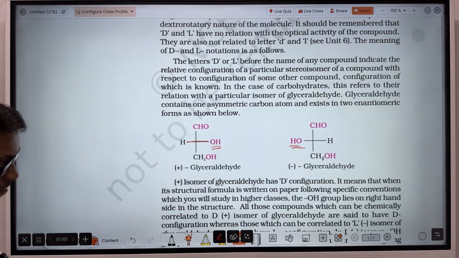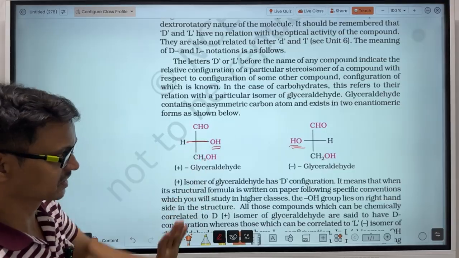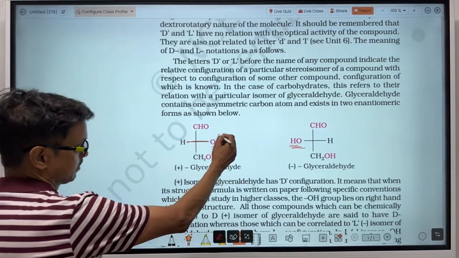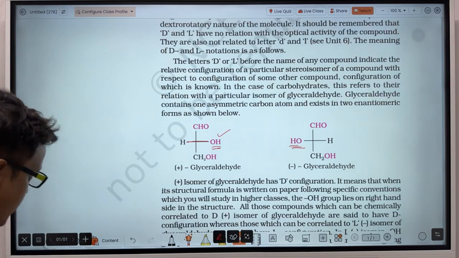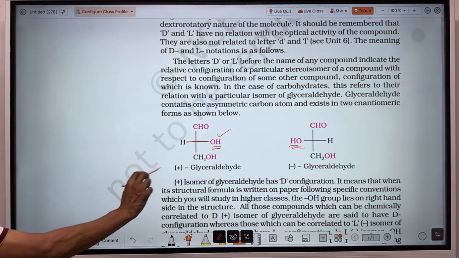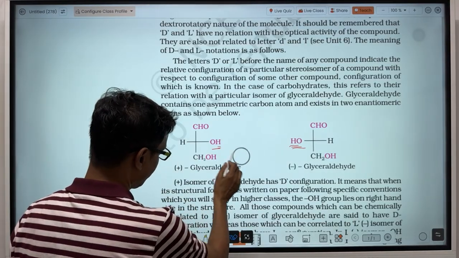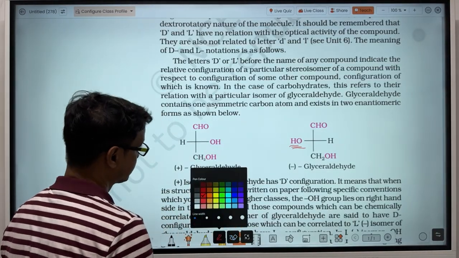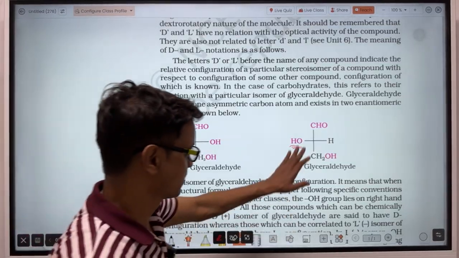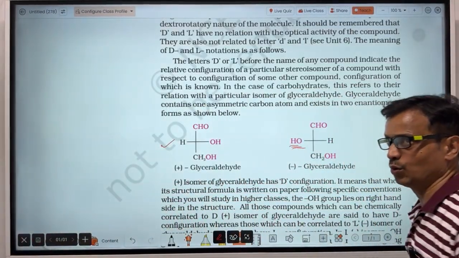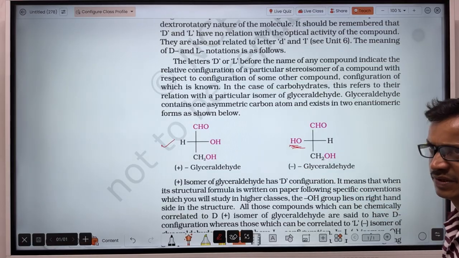The compound in which the OH is towards right is indicated by the plus sign; that is the dextrorotatory compound. The glyceraldehyde in which the OH is towards the left hand side is the levorotatory compound.